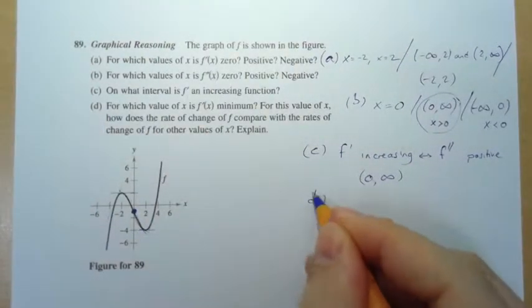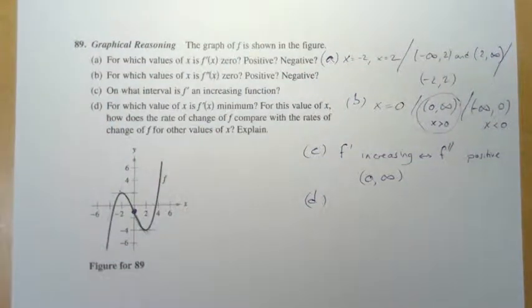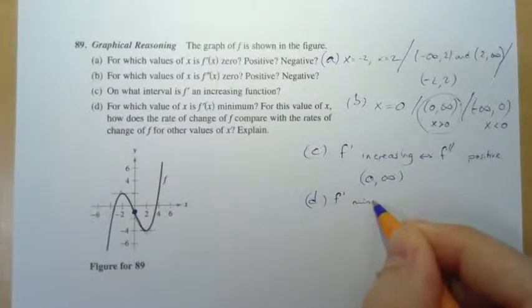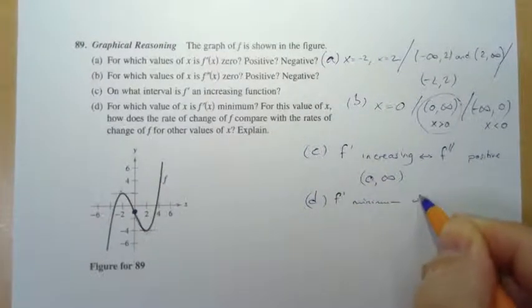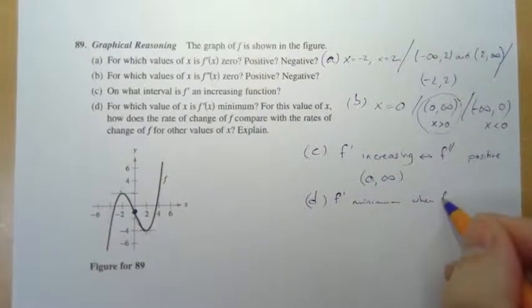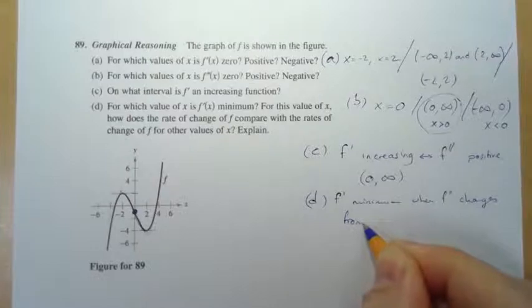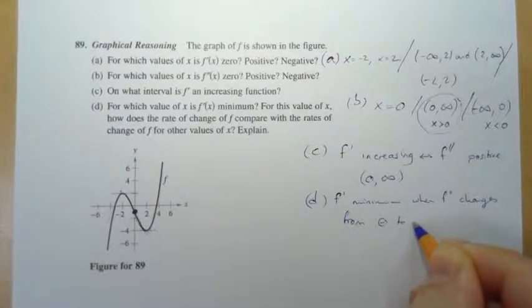Question D, for which value of x is f prime minimum? F prime is going to be minimum when its derivative, f double prime, changes from negative to positive.